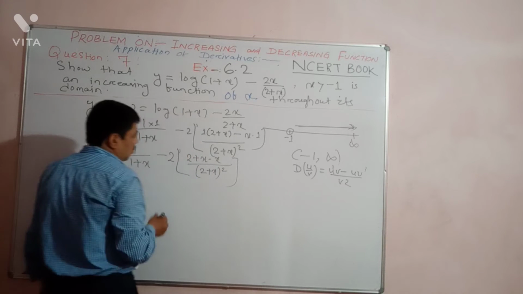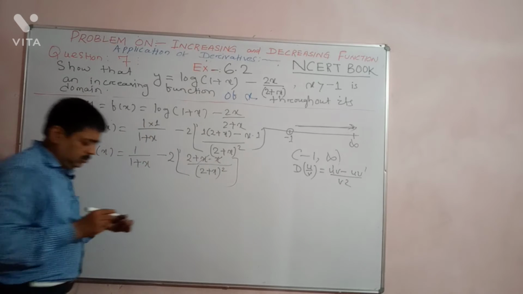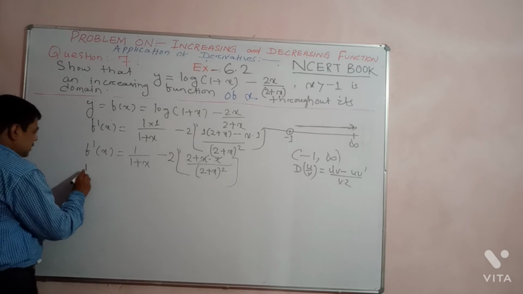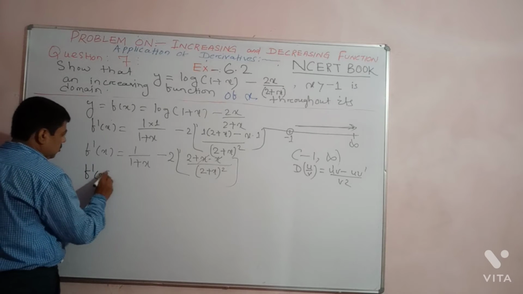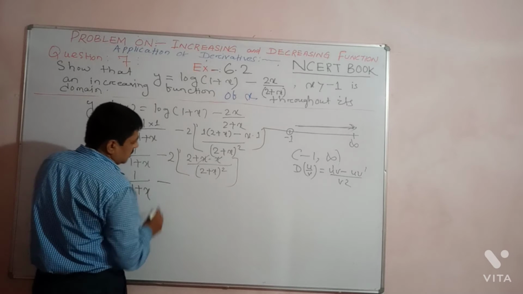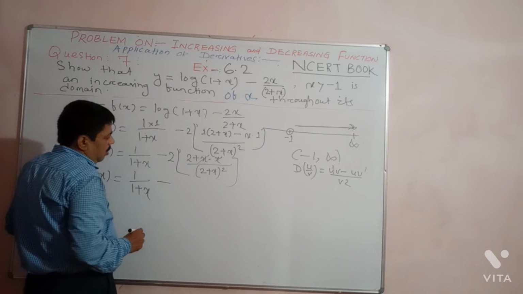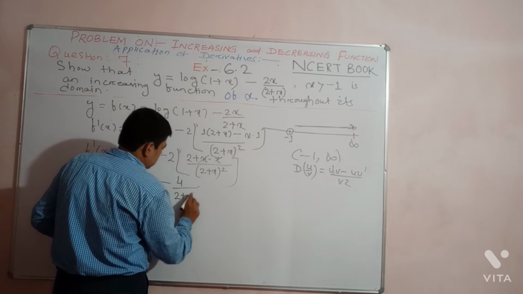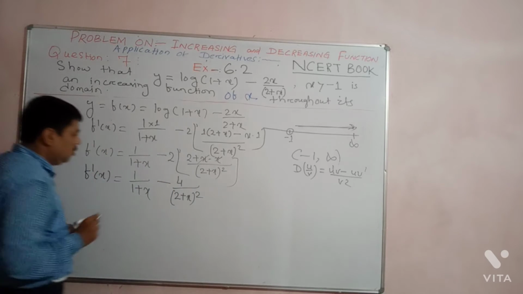The plus x and minus x cancel. Then f dash x is equal to 1 divided by 1 plus x minus 4 divided by 2 plus x whole square.